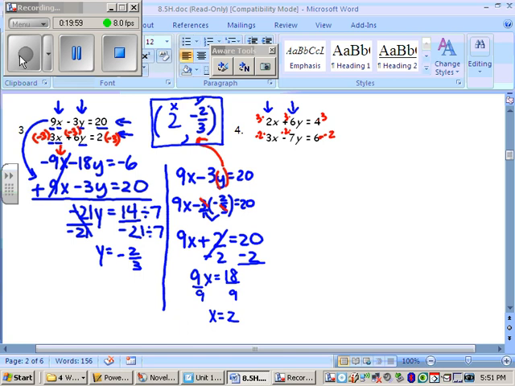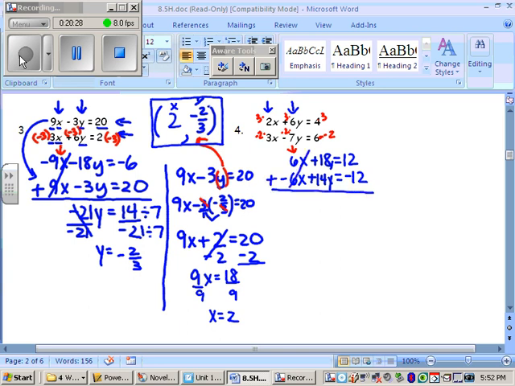So my first equation will now be, when I multiply each term by 3, 6x plus 18y equals 12. The second equation would be negative 6x plus 14y equals negative 12. So notice that the coefficients of x are now opposites.